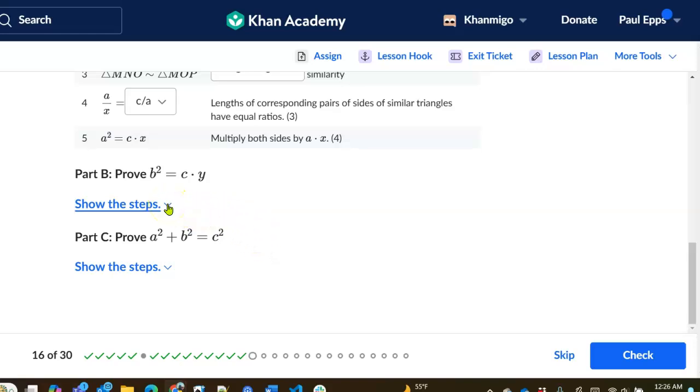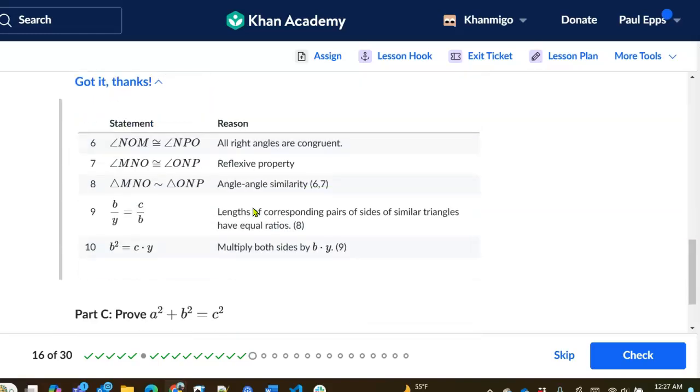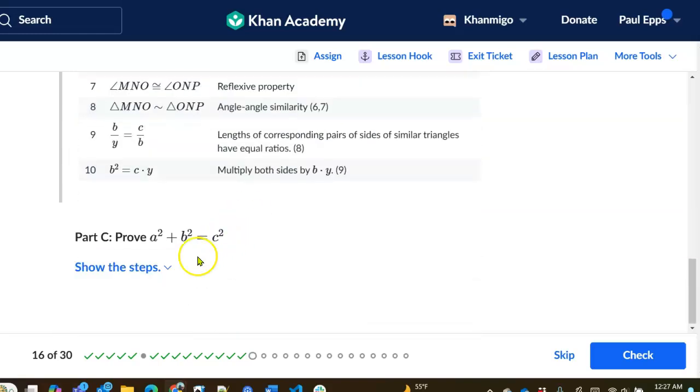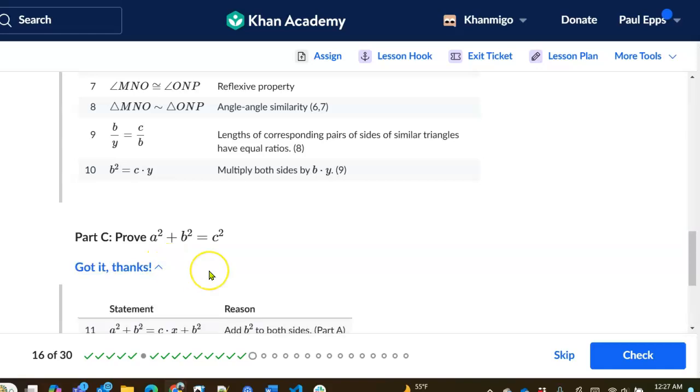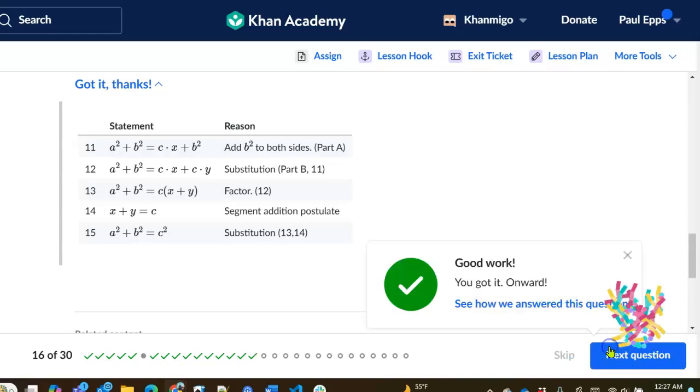Show the steps. B squared equals C times Y. Oh, I see. Oh, that's how we don't have to do these. Oh, okay. Well, yeah, just go ahead and check it then.